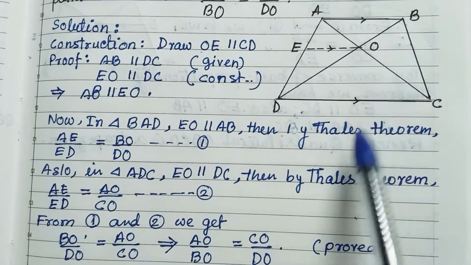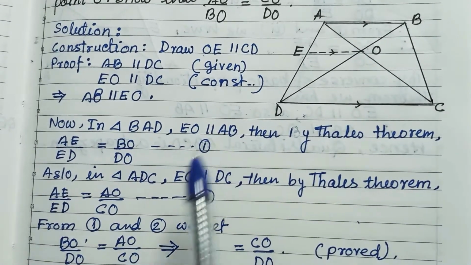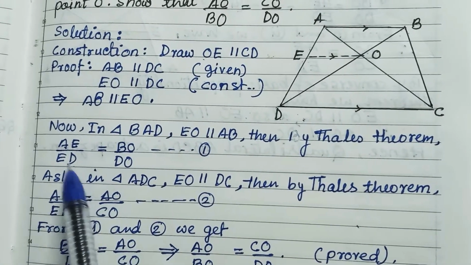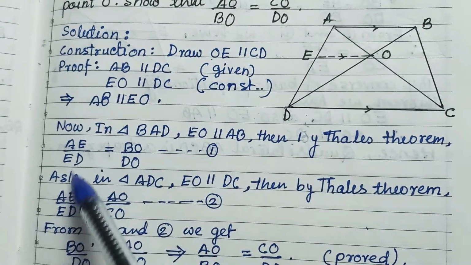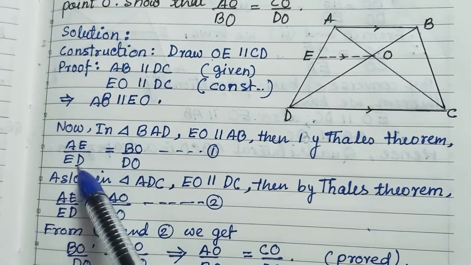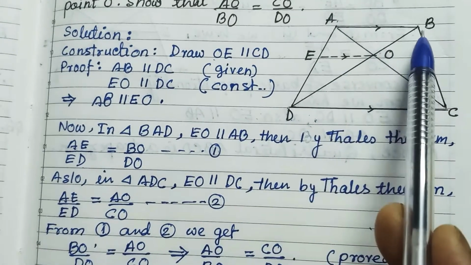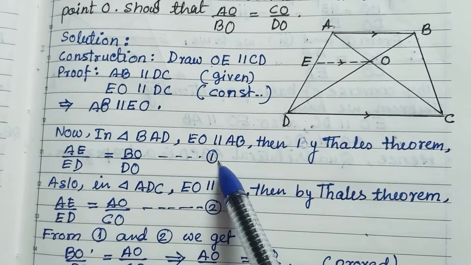By Thales theorem, that means by BPT or the Basic Proportionality Theorem, AE upon ED is equal to BO upon OD. Okay, it is the first relation.